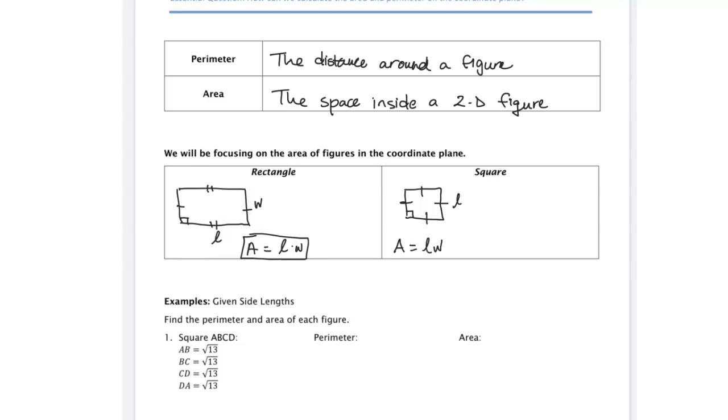Or our other formula is A equals the side squared. So if we take either of the sides, they're exactly the same in length. So we do side squared, which is the same thing as taking the side and multiplying it by itself.